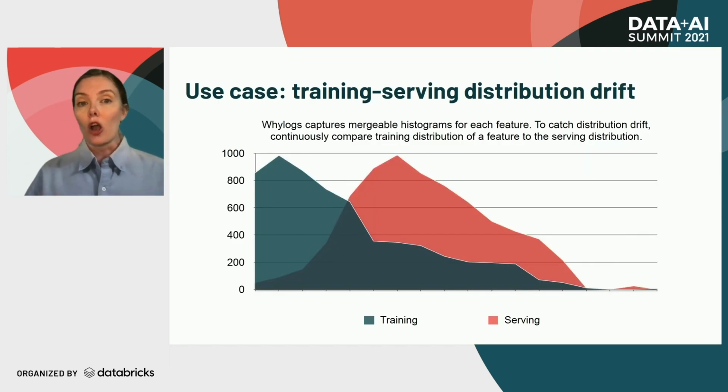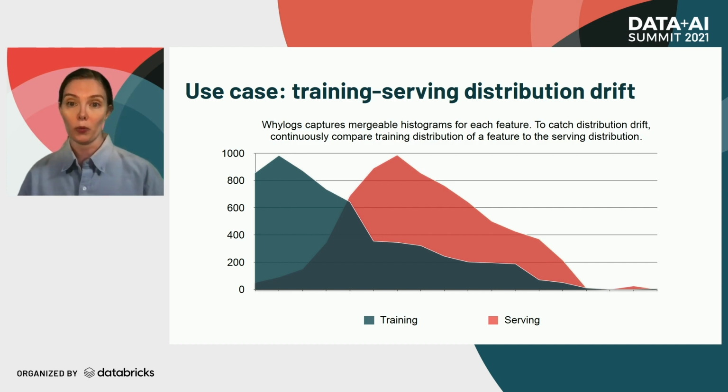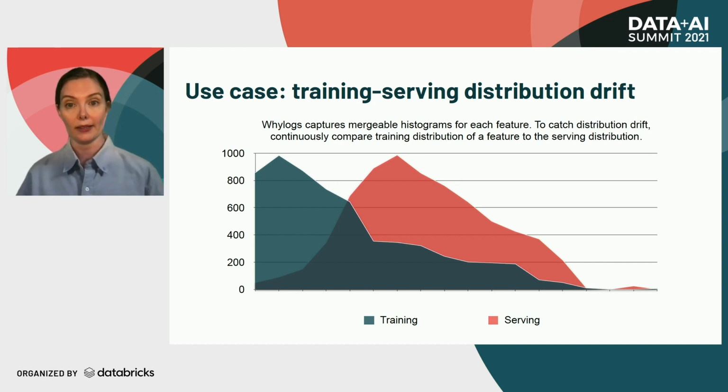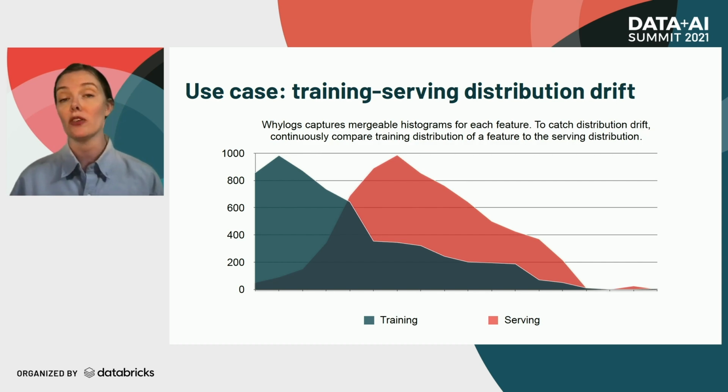Now, the most common first use case is to monitor training serving skew, which is a classic machine learning challenge. To set that up with YLOGS, first, you log the training data with YLOGS, and that training data would be used as a reference set or a baseline. Then you integrate YLOGS to capture data during the inference step of your model in hourly batches or 10-minute batches, depending on the volume of data your inference takes.